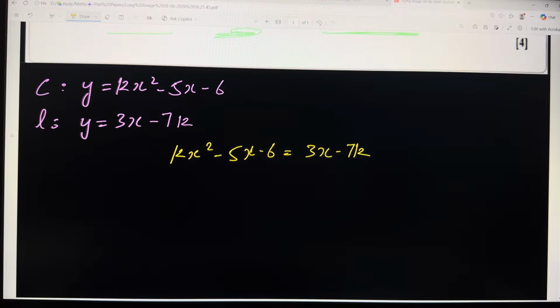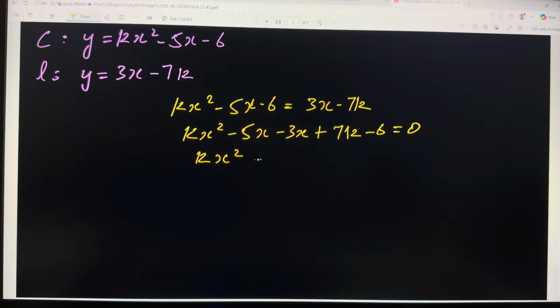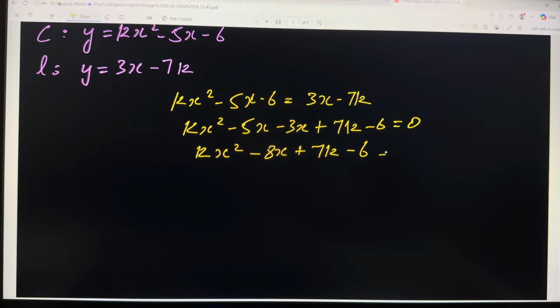Because they're both equal to y, we'll just equate them and simplify. We'll shift these to the other side. This becomes kx squared minus 5x minus 3x plus 7k minus 6 is equal to 0. Simplifying this, we get kx squared minus 8x plus 7k minus 6 is equal to 0.